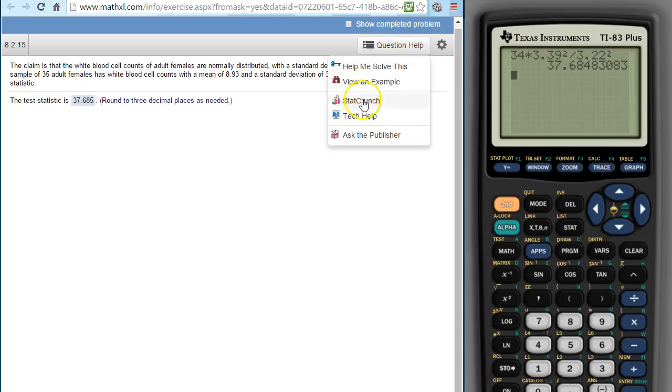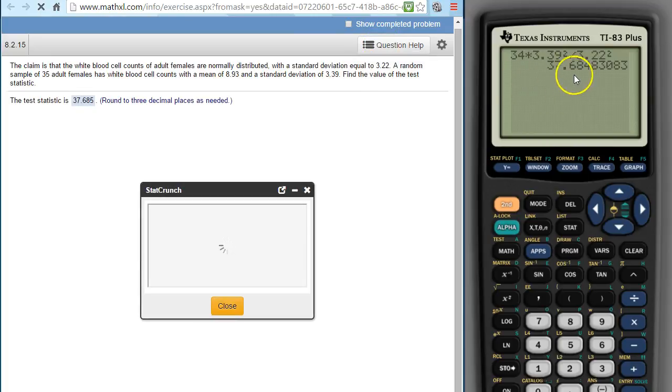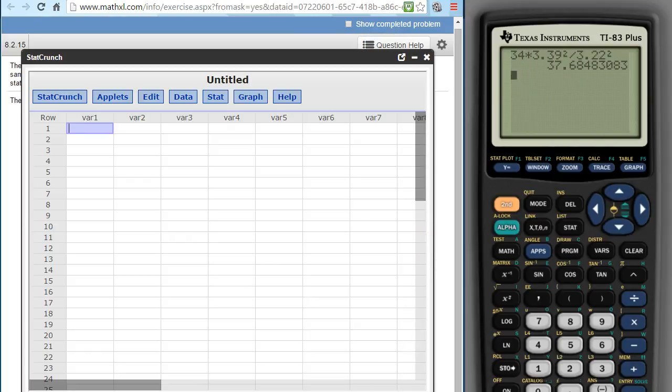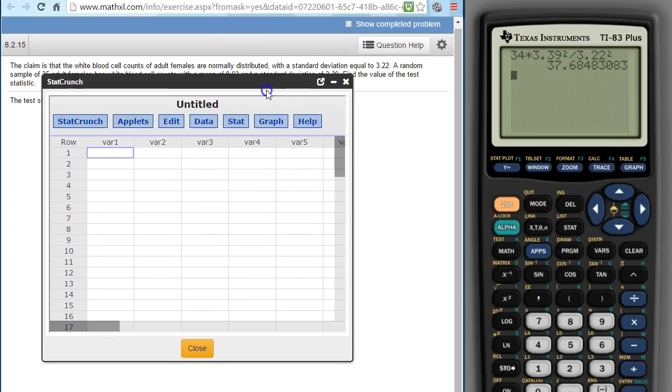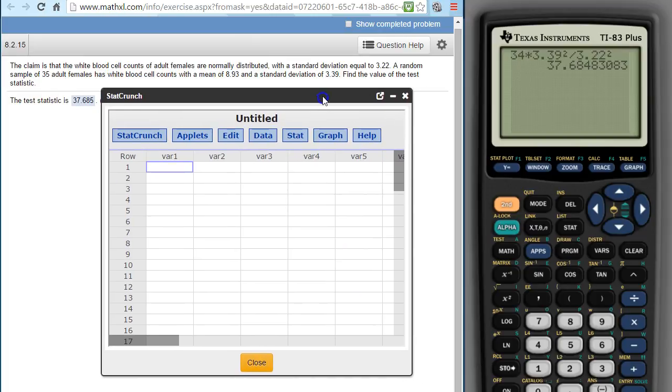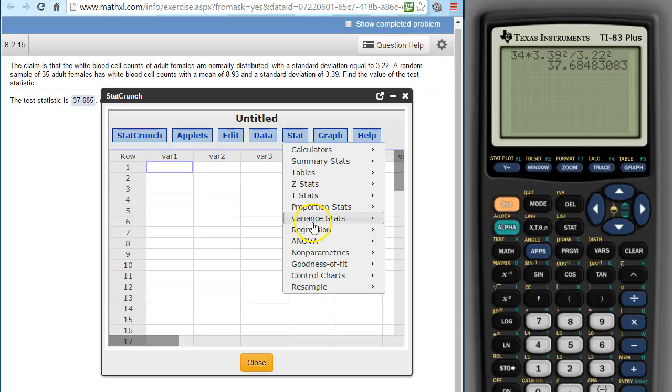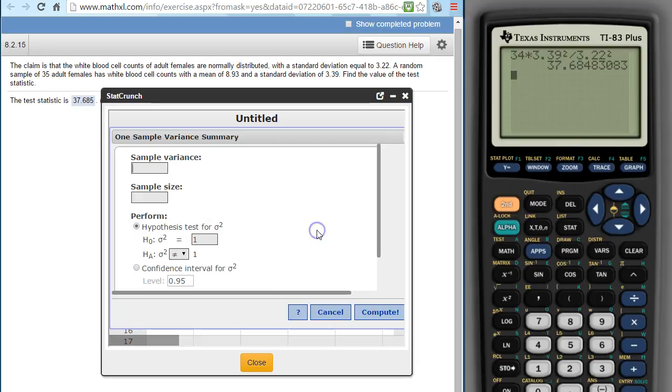Now, if you want to use StatCrunch, again, there's not a shortcut method for the TI, but if you want to use StatCrunch for this, you would have to once again remember that standard deviation is the square root of variance, and we have variance stats, not standard deviation. Alright, we have one sample, we have a summary.